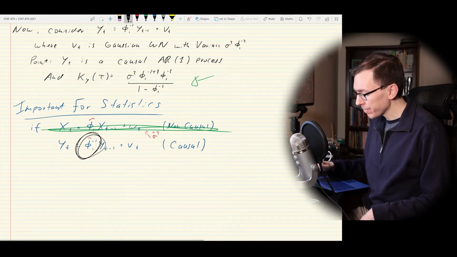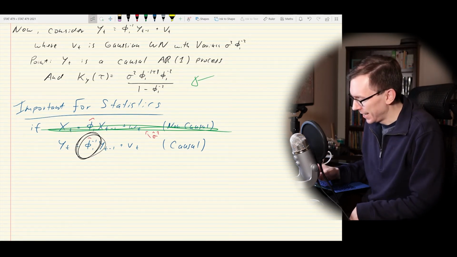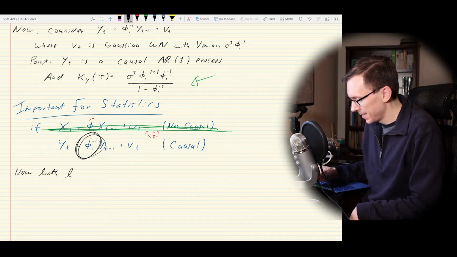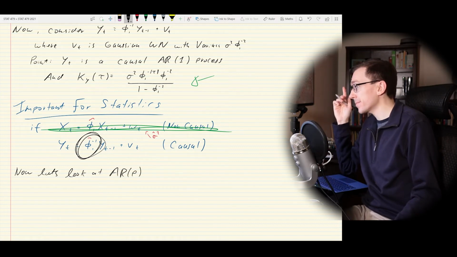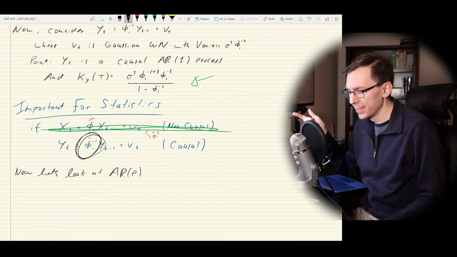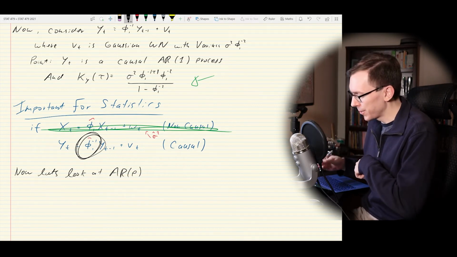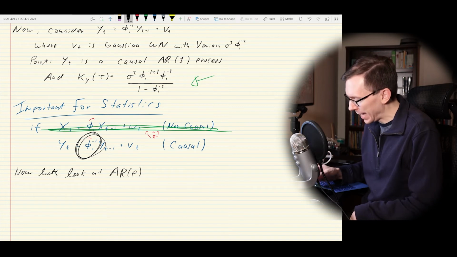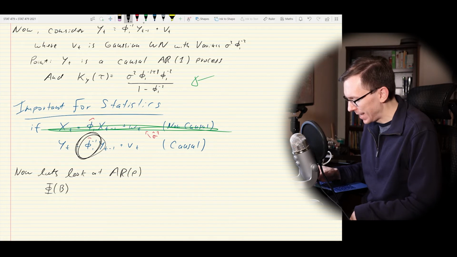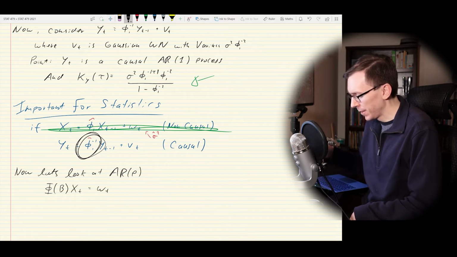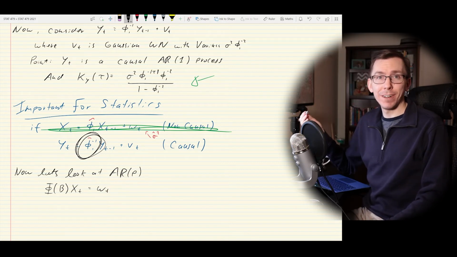So we can actually extend this idea. So I'll say now, let's look at the AR(p) process. Well, if we go back to our original notation, then what we had was something that looked like capital phi of B applied to xt is equal to wt, where capital phi is our autoregressive operator.